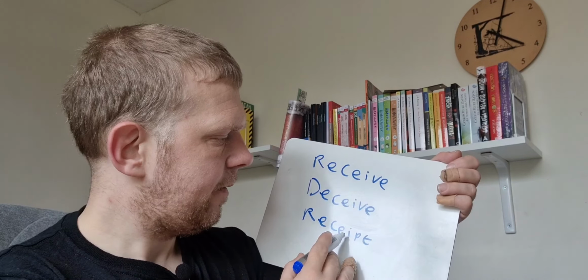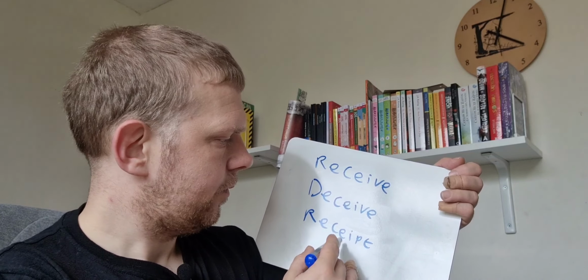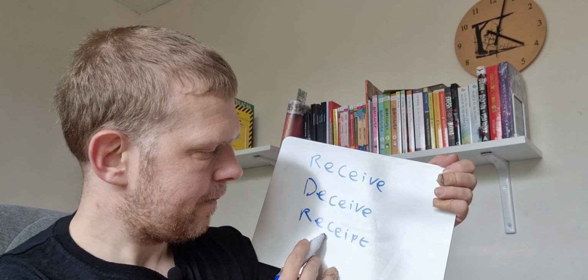There's a C, so after the C, it's E, then I. And receipt. There is a C, so after the C, the E and the I are reversed. It's I before E except after C, unless pronounced A, like in neighbour and way.